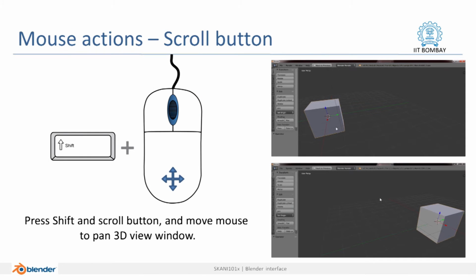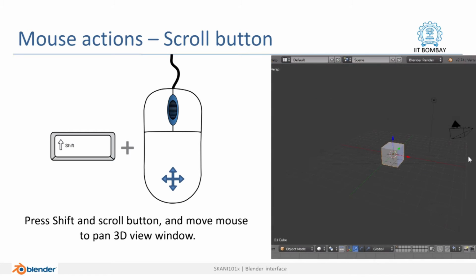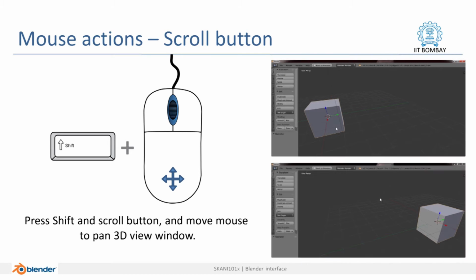Okay. There is one more interesting thing to happen, and that is when we actually use a keyboard along with this mouse. So, if I press shift on the keyboard and then the scroll button and move the mouse, then we can pan in the 3D window.